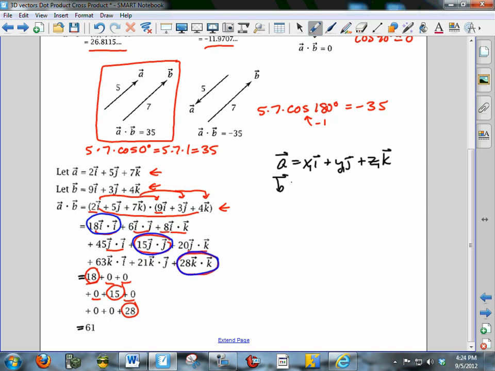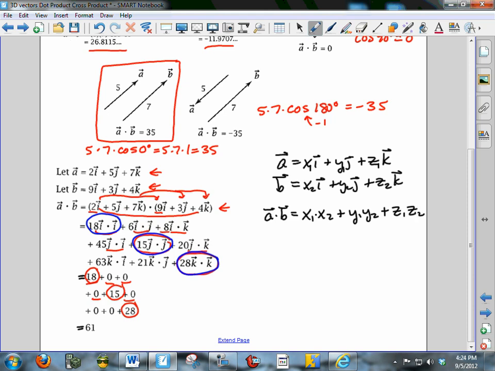And if b is equal to x sub 2i plus y sub 2j plus z sub 2k, then x1 and x2 are just the x components of the two vectors, and y1 and y2 are its y components, and so forth. So the dot product is simply multiplying together the two x components, the two y components, and the two z components, and adding them up.